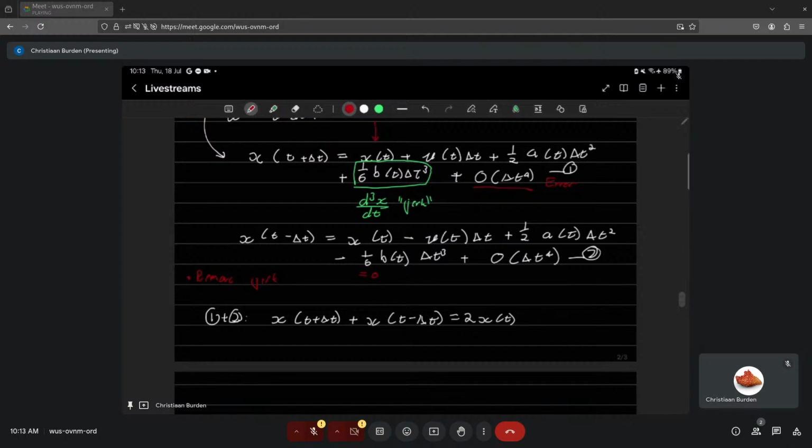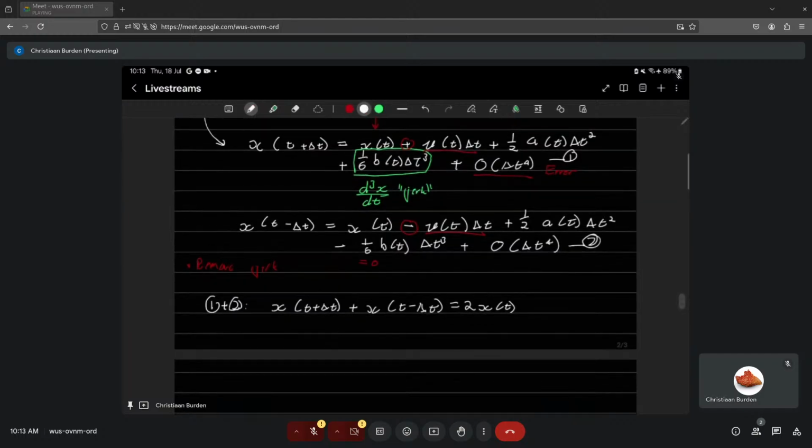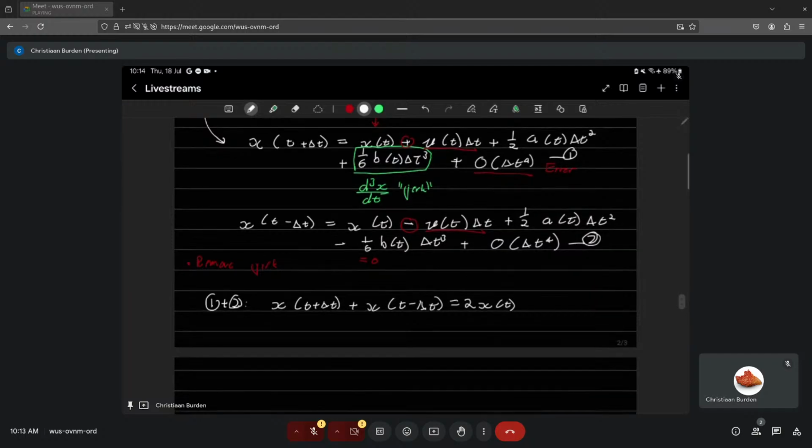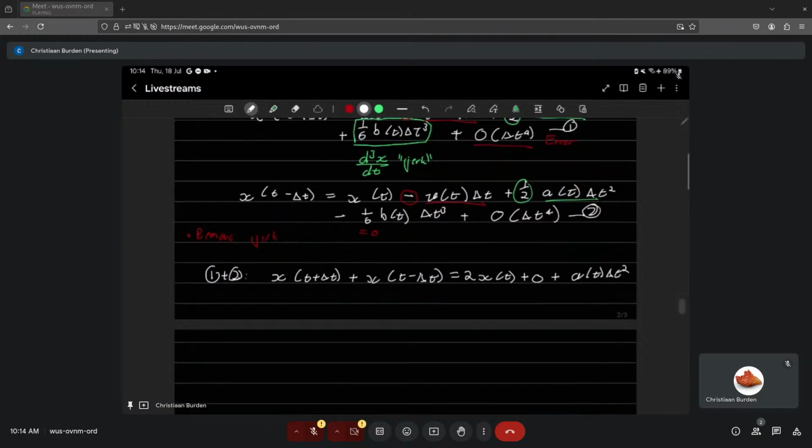Notice this little minus and this velocity. Look, it will cancel out. So we can not entirely ignore velocity. We can say plus 0, just as a placeholder for that one. And because we have a half here and a half here, and it's the same term, we can say a t delta t squared. And there we have it.